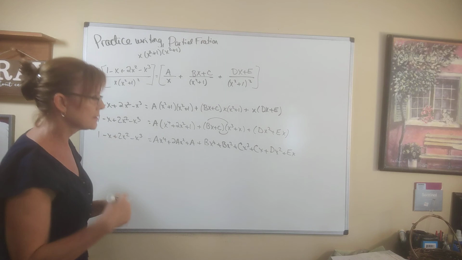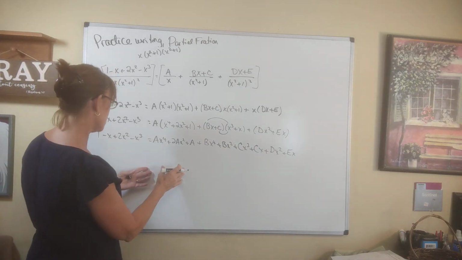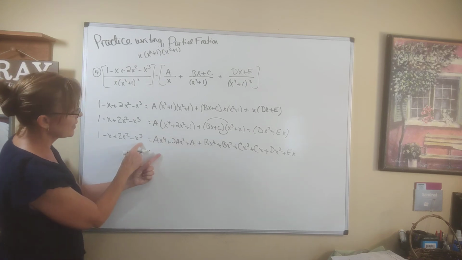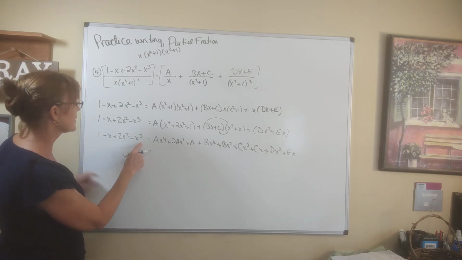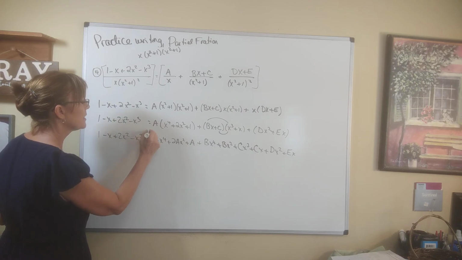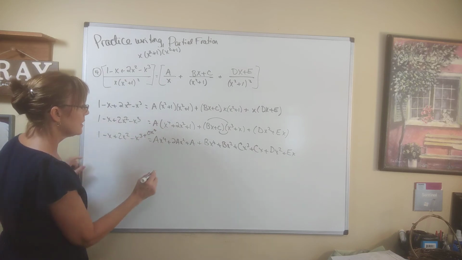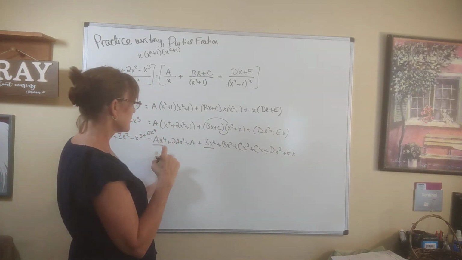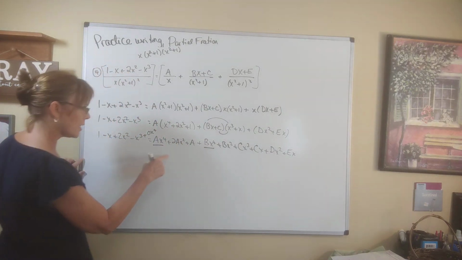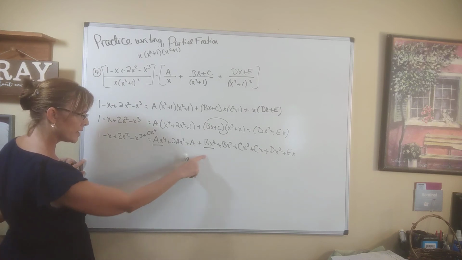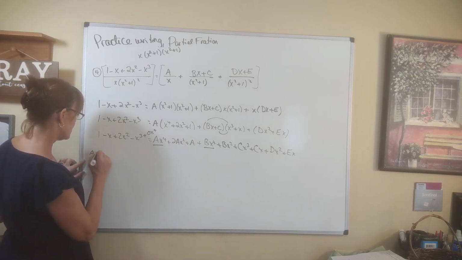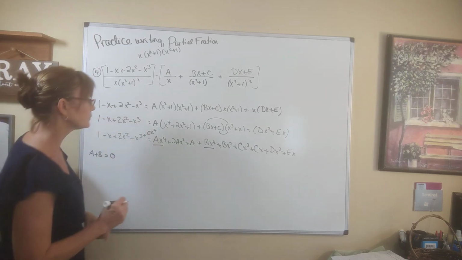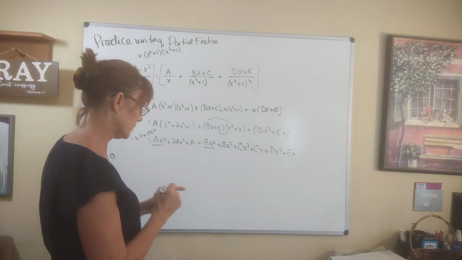All right, now let's equate coefficients. So what I'm going to do is look for x to the 4th. I don't have an x to the 4th term over here. So what that means is add a placeholder, 0x to the 4th. So what x to the 4th terms do I have? I have ax to the 4th plus bx to the 4th. So the coefficients for the x to the 4th over here are a plus b, and the coefficients over here are 0. That's one equation I get. Okay, let's look for the x cubes.